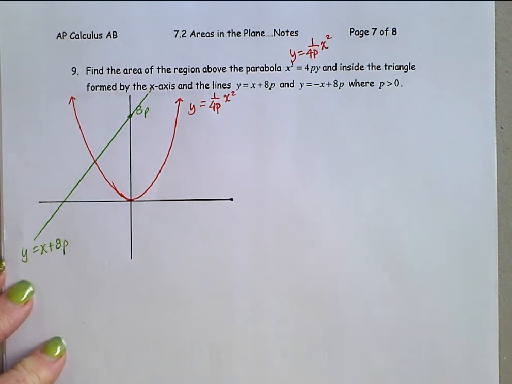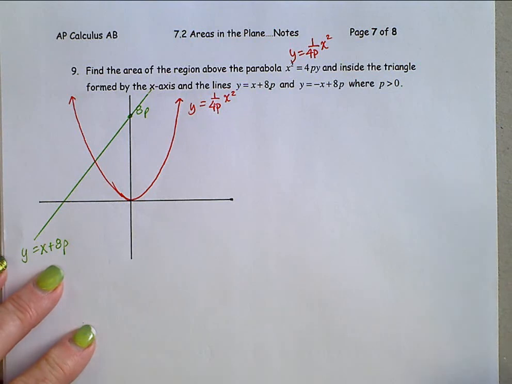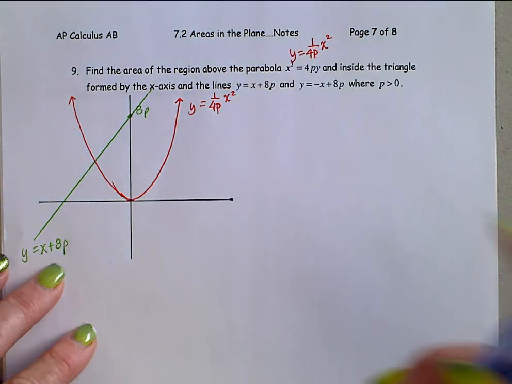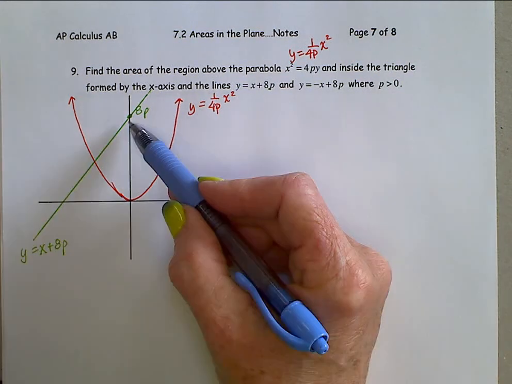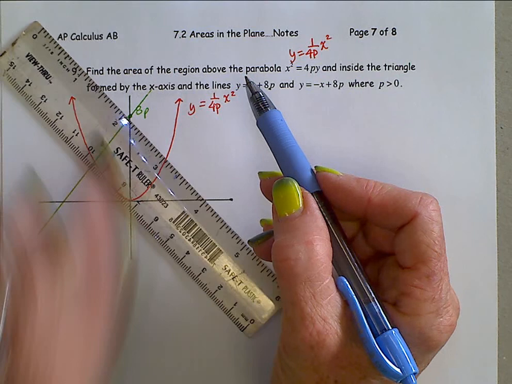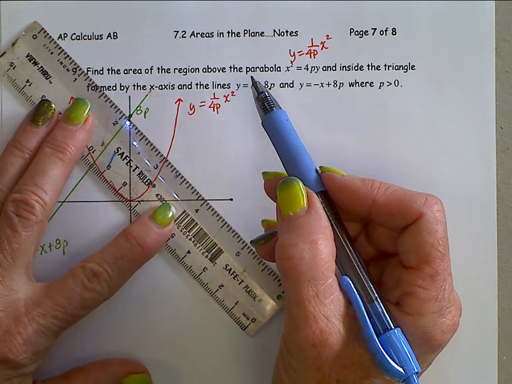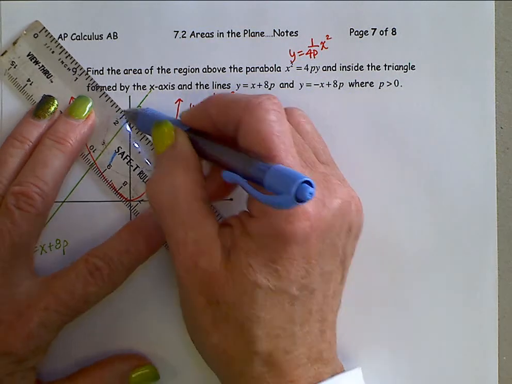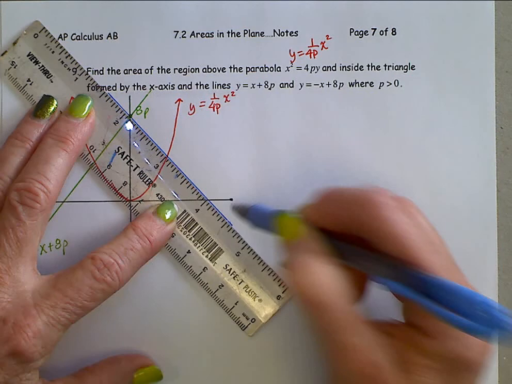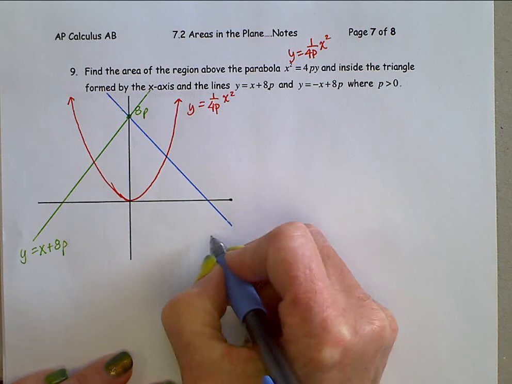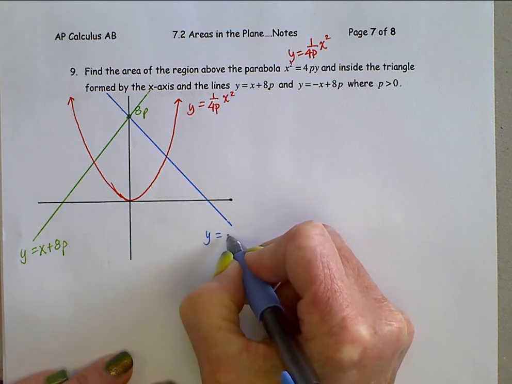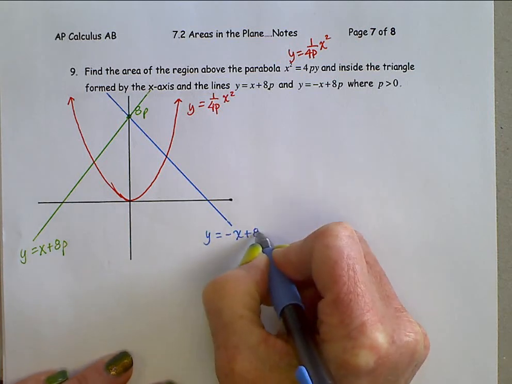And there's y equals x plus 8p. The other line, y equals negative x plus 8p, has the same y-intercept, but this time a slope of negative 1. So we see something like that. y equals negative x plus 8p.